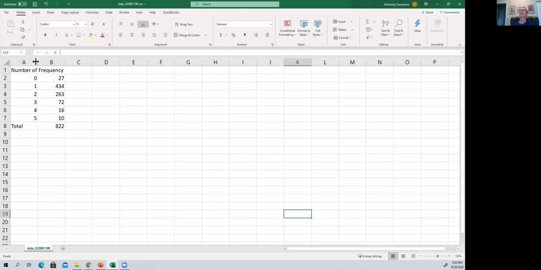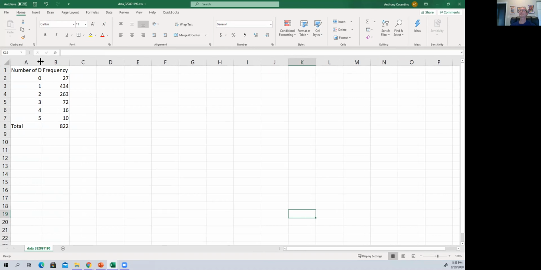So there's the number, and that's the frequency, right? And this is our random variable, so I'm going to change that to X. And this is how often that variable occurs. So what would be P of X?